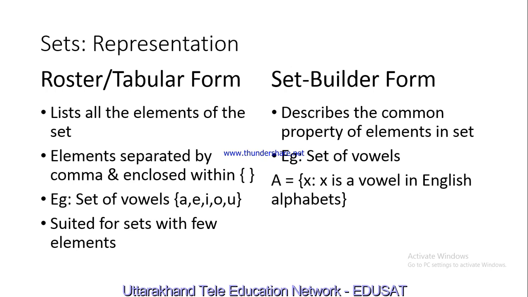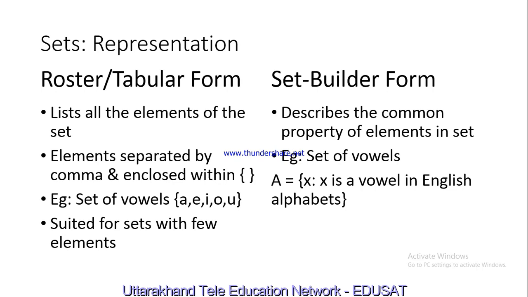So I'm now going to read this particular notation. A is equal to x such that. Now such that is for the colon sign. So A is equal to x such that x is a vowel in English alphabets.